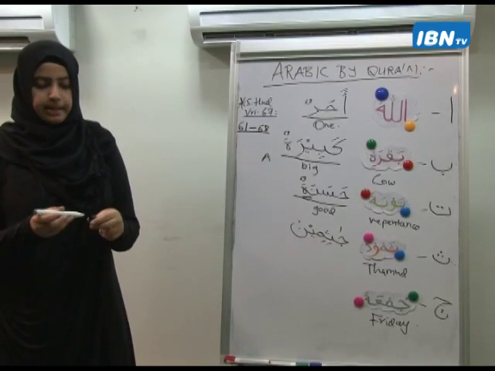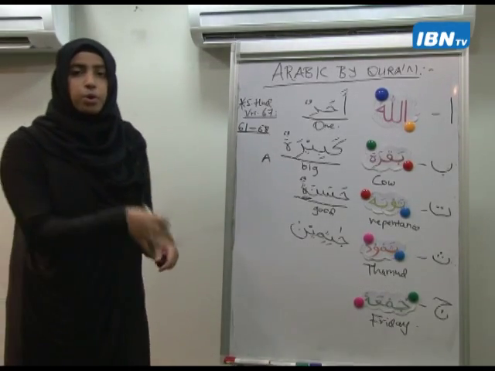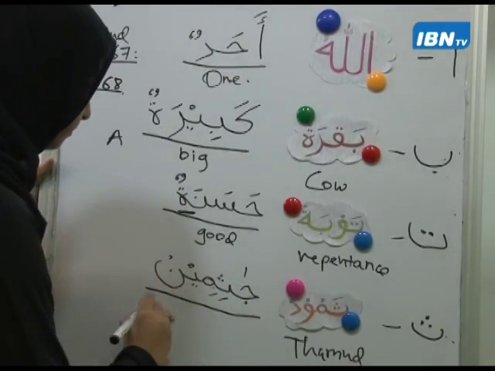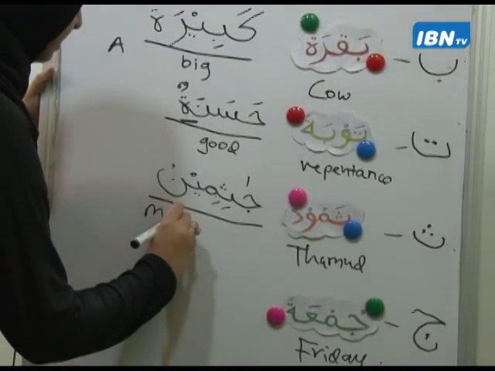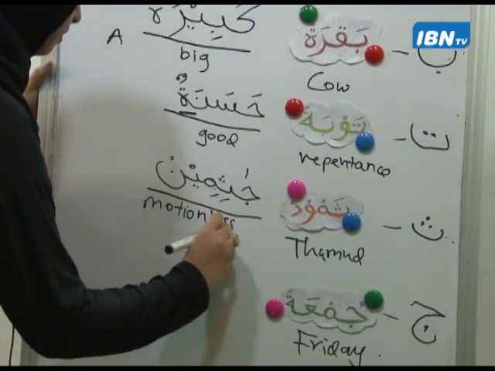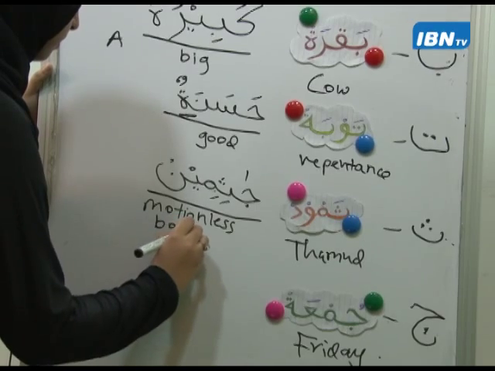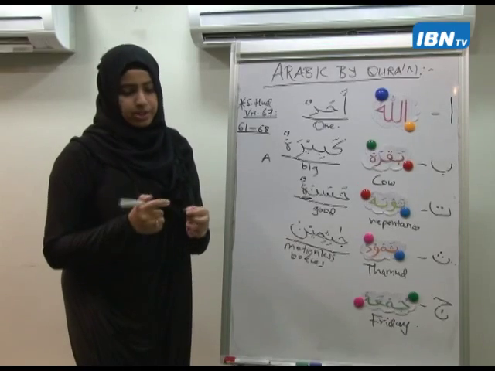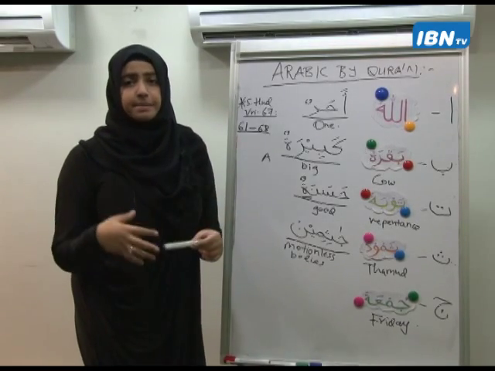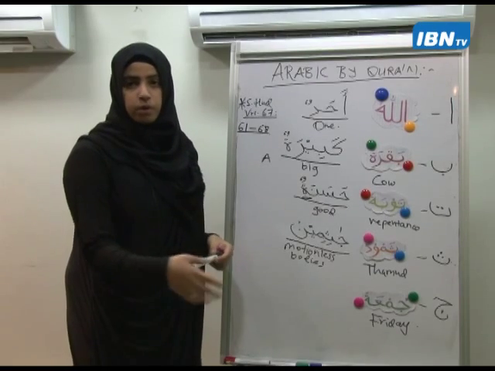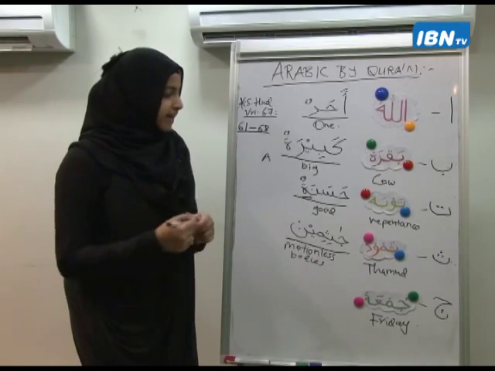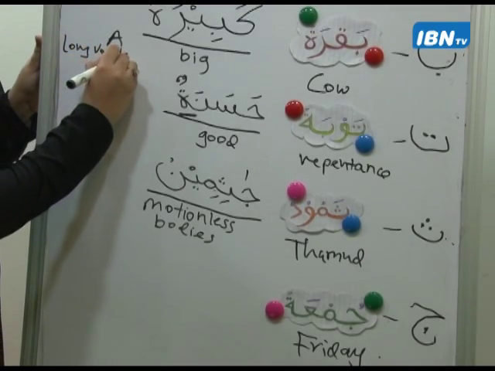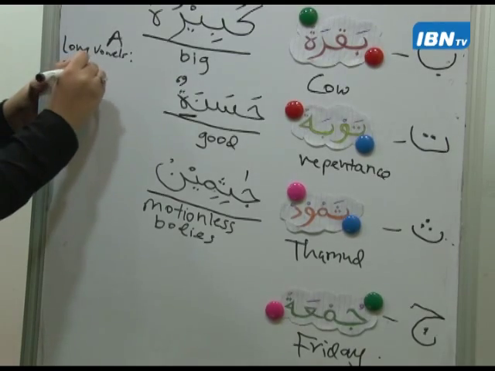Now what does Jathimin mean? Jathimin means motionless bodies. So why do you think Thamud had motionless bodies? This is because they disbelieved. Thamudun kafaru. Remember when I was talking about the long vowels, in the very first sessions?